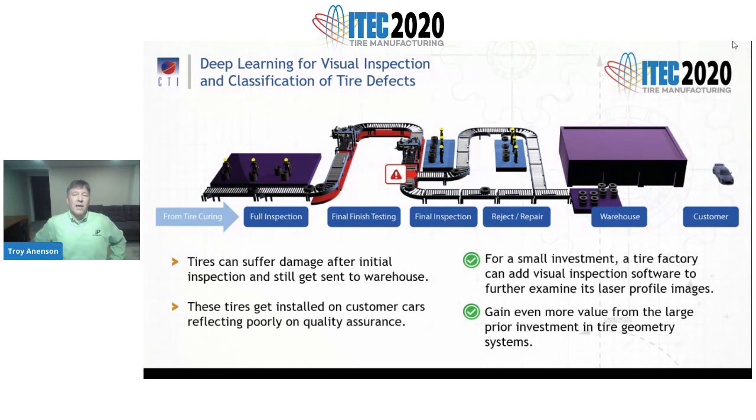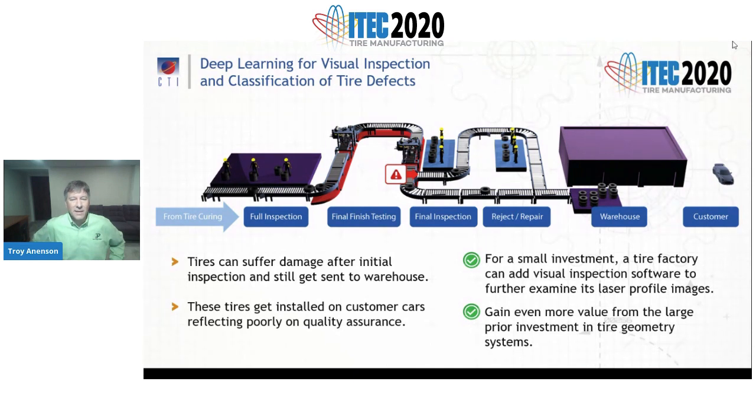In a typical tire factory, tires are fully inspected inside and out prior to final finish testing by a specialized workforce of tire inspectors. Downstream from this inspection, tires may be rejected or flagged for further inspection by any final finish test machine. This could be, for instance, a tire uniformity machine or dynamic balancing machine or even an x-ray machine.